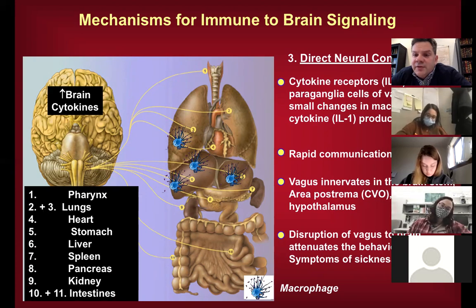In the liver, you have the Kupffer cells. In the gut, you have the GALT and the gut-associated macrophages. So all the important peripheral tissues that you worry about and that you're sensing, the vagus innervates. And so very small changes in that macrophage profile, if they're being activated and making cytokines, result in very rapid communication back up to the brainstem.